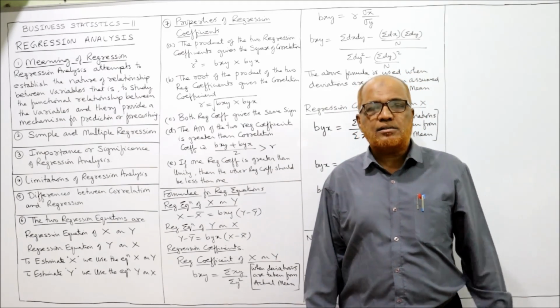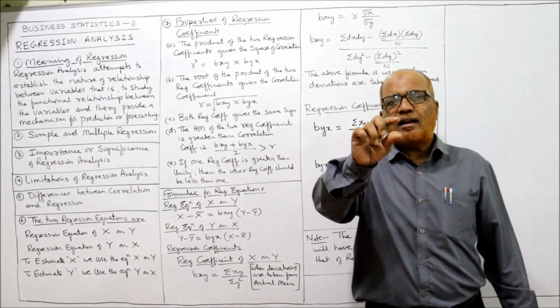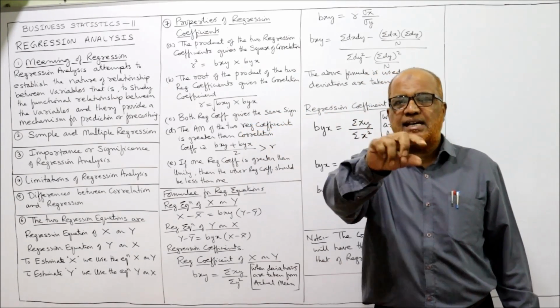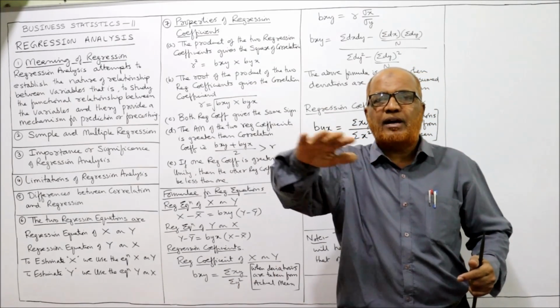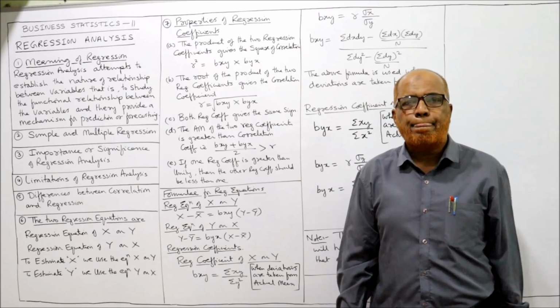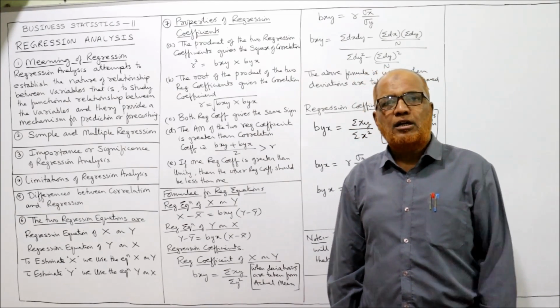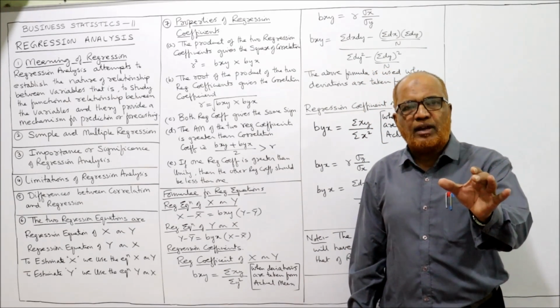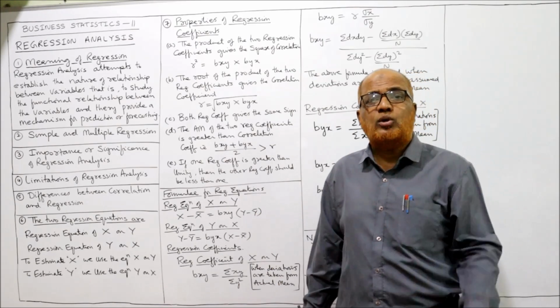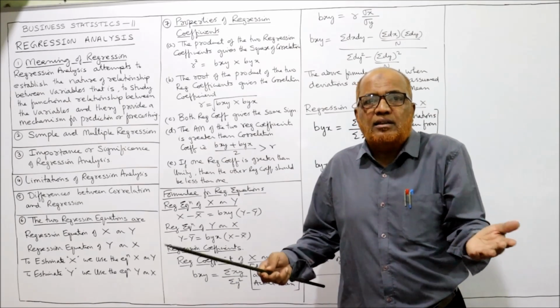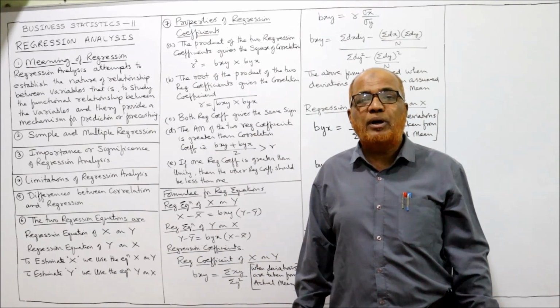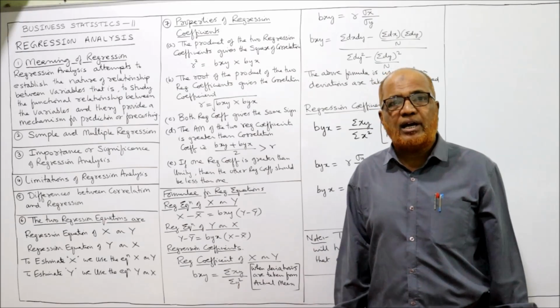The second limitation is, once a linear relationship is made between sales and advertisement, we assume that this linear relationship will continue for a long period of time. But it is not necessary. The relationship between the variables may change from time to time. We have made the relationship now. In the next year, the relationship may not be true because the conditions might have changed.